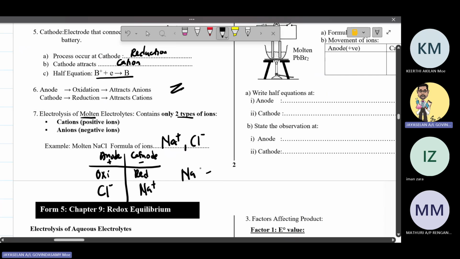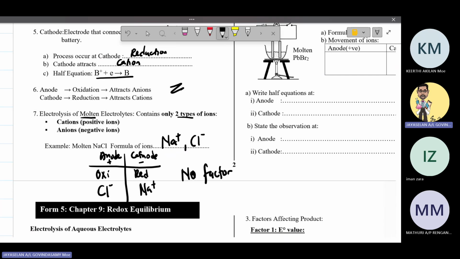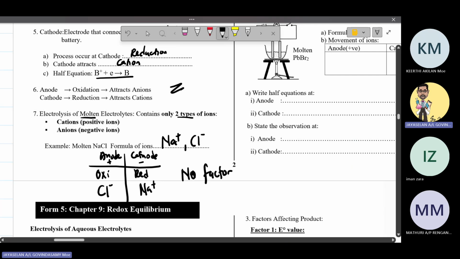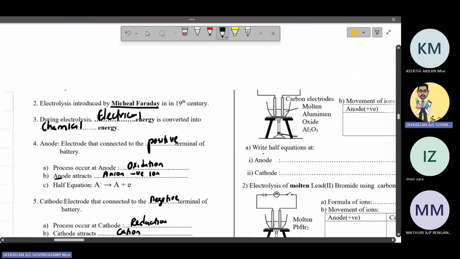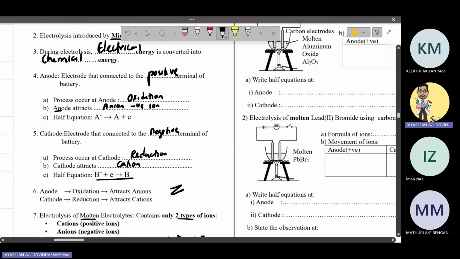Other than that, all factors. If the electrolyte has the word molten, you must take 2 ions. If done, one person raise your hand. Okay, done. Number one, I will do. Number two, you guys do for me.